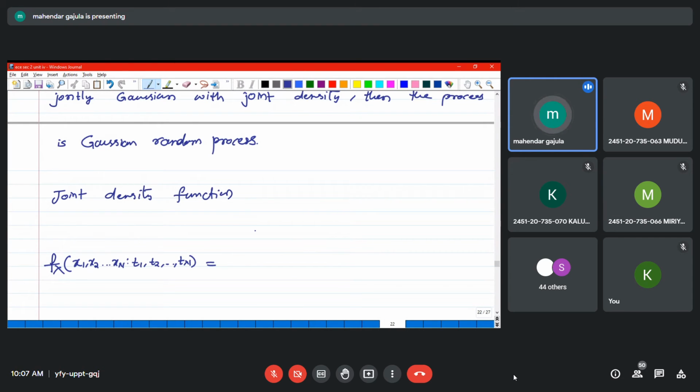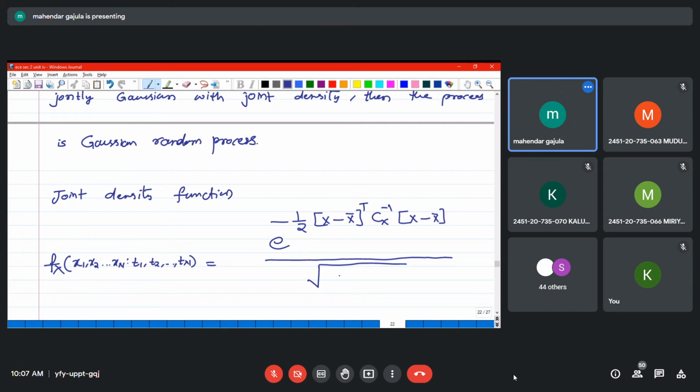This is equal to e power minus half of (x minus x bar) transpose Cx inverse times (x minus x bar). These are all matrices. All divided by root of (2 pi) whole power n times mod Cx.